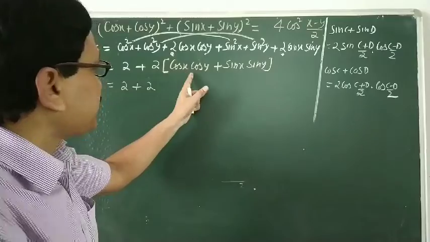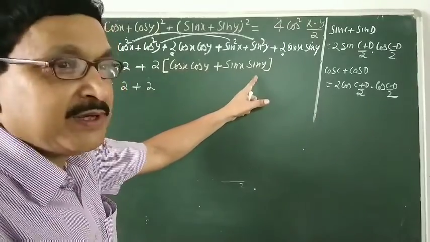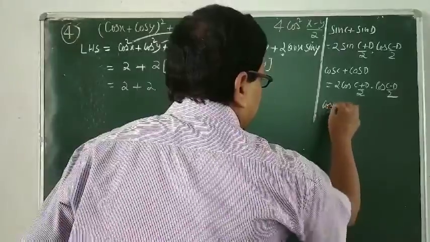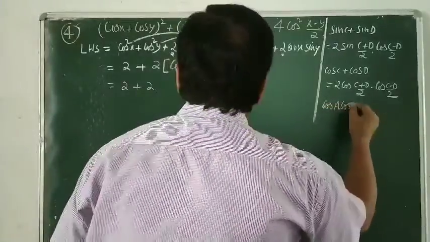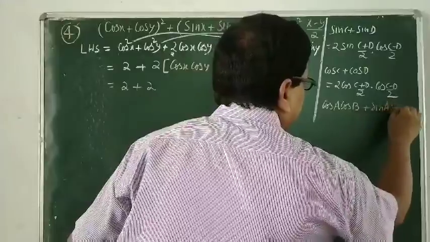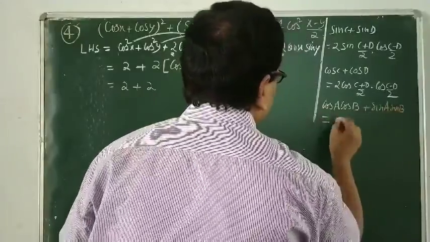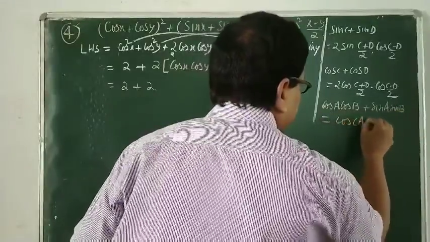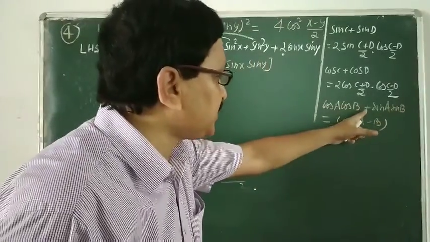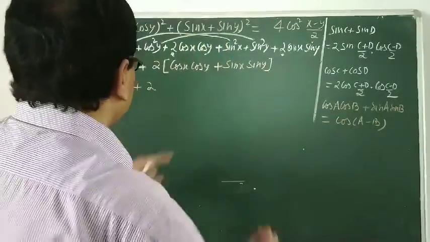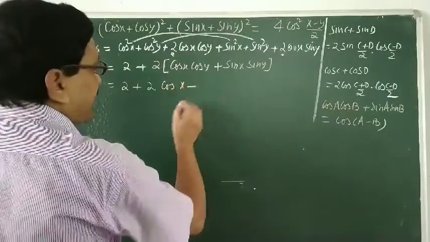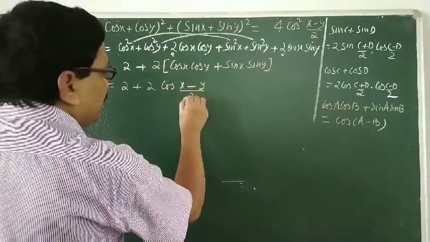So the formula is cos A cos B plus sin A sin B is equal to cos A minus B. Now write this: it is cos x minus y by 2.